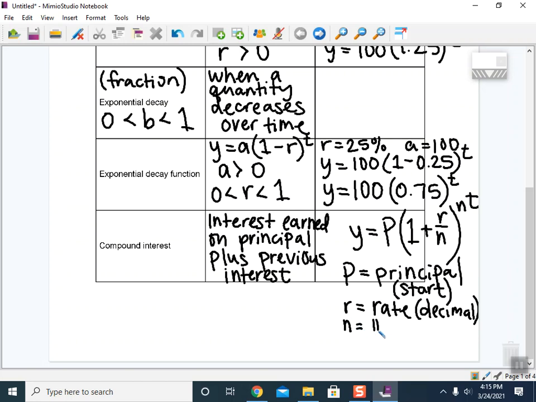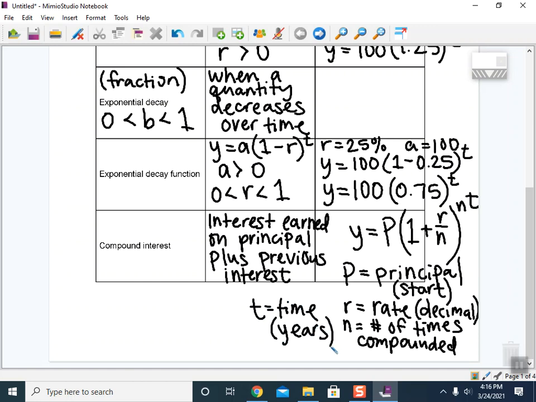N is the number of times compounded. Okay, and what I mean by that is how many times do we run this function every year is kind of the more specific way to say that. And then we have t, our time, and that's in years.